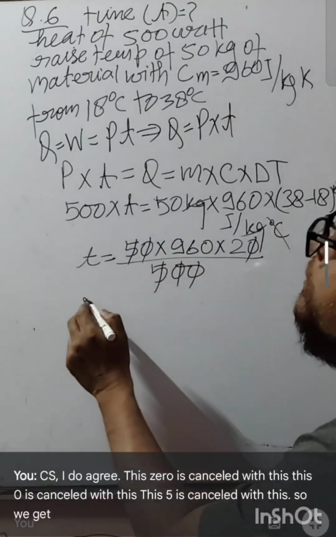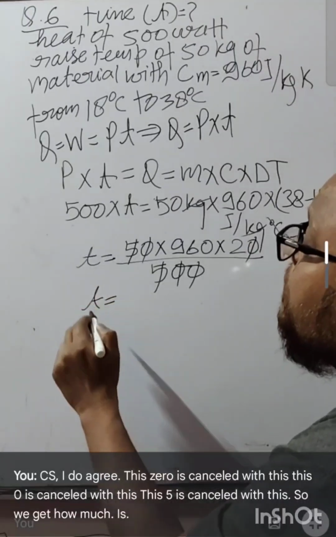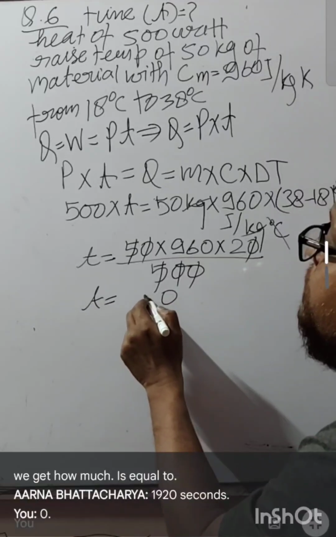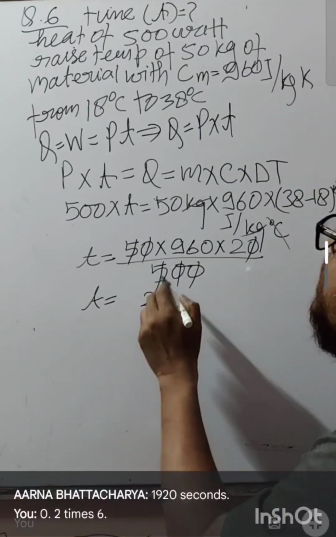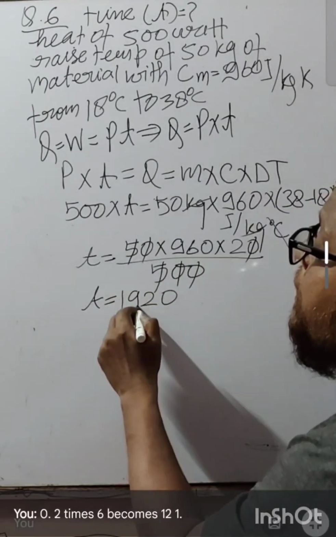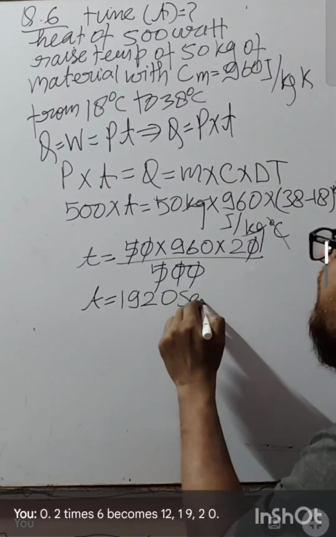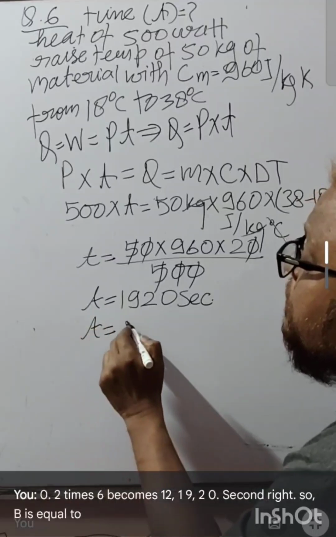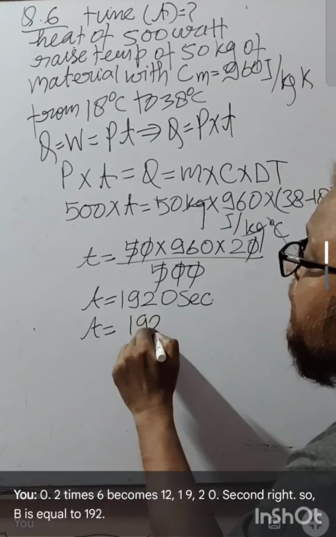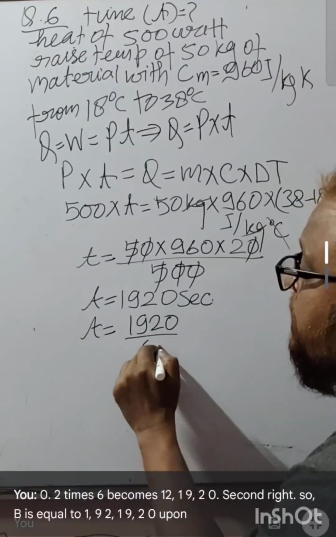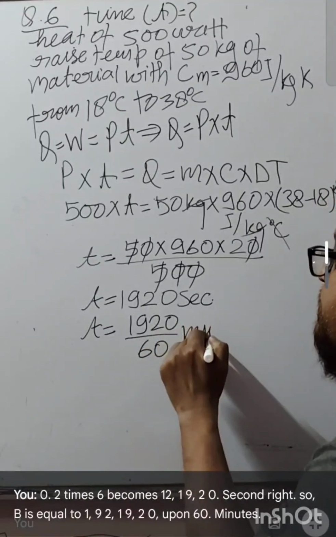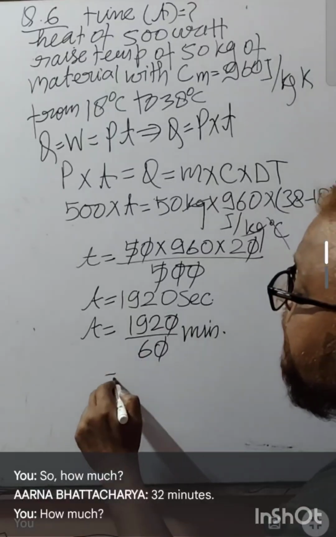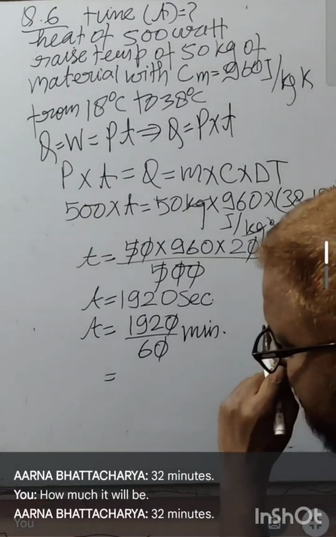So T is equal to 1920 seconds, right? So T is equal to 1920 upon 60 minutes. 32 minutes.